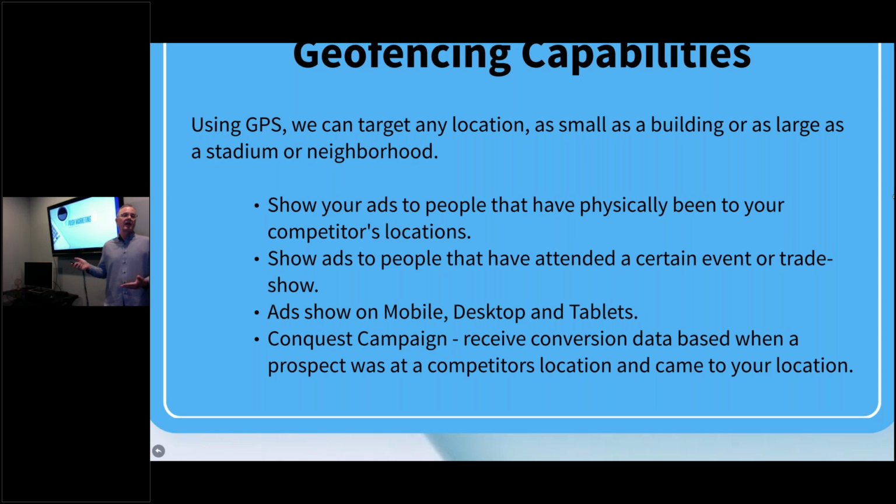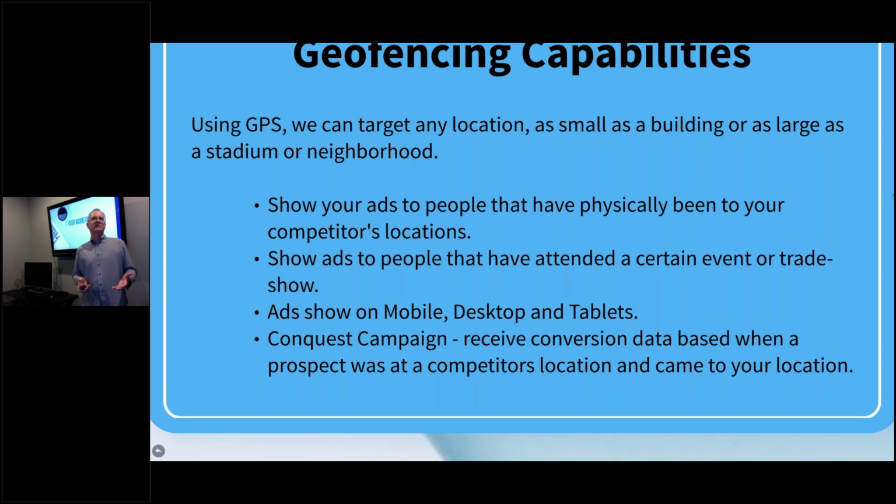This last weekend we had a music event, Kaboo, here in San Diego. So if someone wanted to, everyone that was at Kaboo all 3 days could be targeted, or just a single day. And after they're targeted, the ads show on mobile, desktop, and tablets.